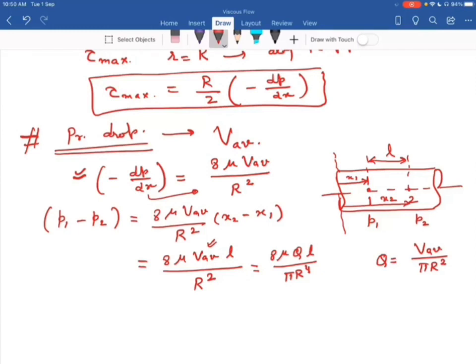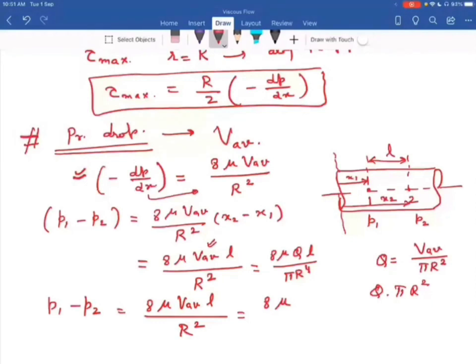So P1 minus P2 equals 8 mu V average L upon R square, and in terms of discharge, it is 8 mu Q L upon pi R raised to power 4.